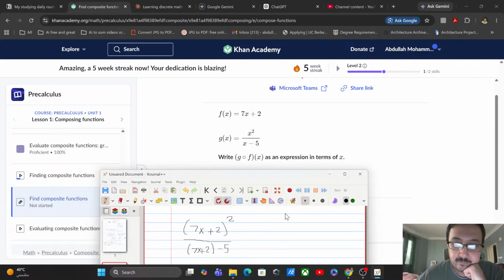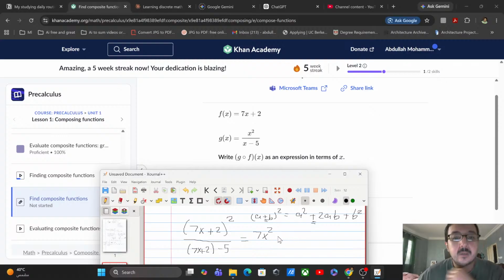And just as we know, (a plus b) squared equals a squared plus 2ab plus b squared, because the sign here is positive, so this is positive. When this is negative, this is negative. So what we have here is 7x squared. This is the a.